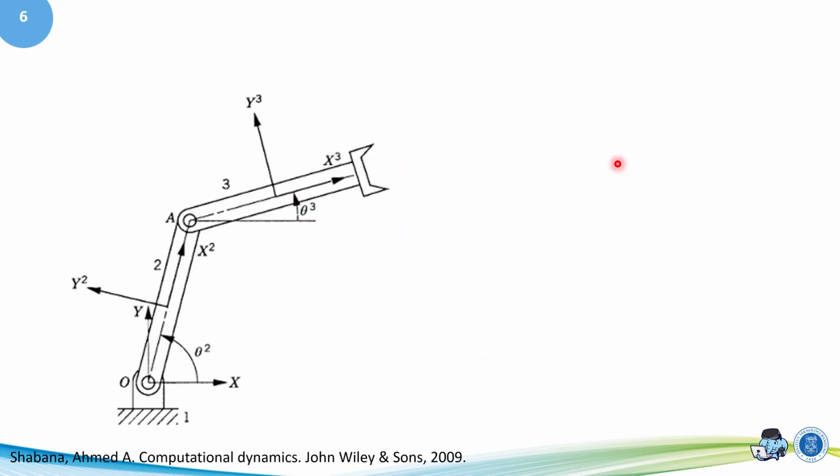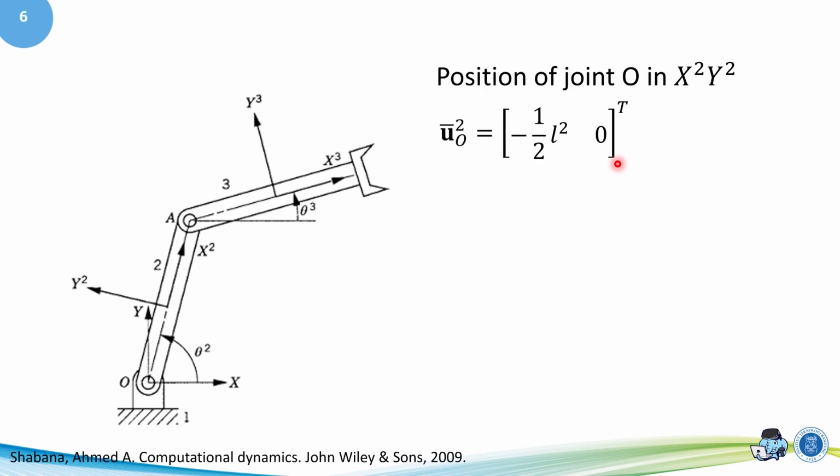After we define the local coordinate system for each link, we can define the position of the joint in the local coordinate system. For example, the position of the joint O in the local coordinate system x2, y2 is minus 1 over 2 L2. L2 here is not L squared, but the L of link number 2, the length of link number 2, and the y here is 0.